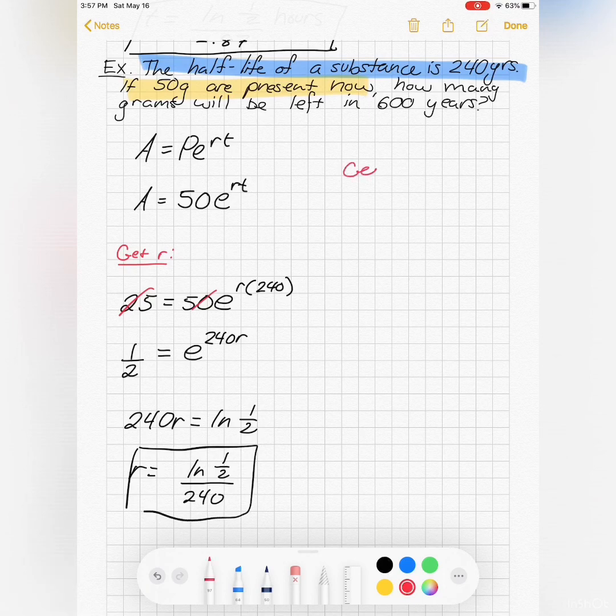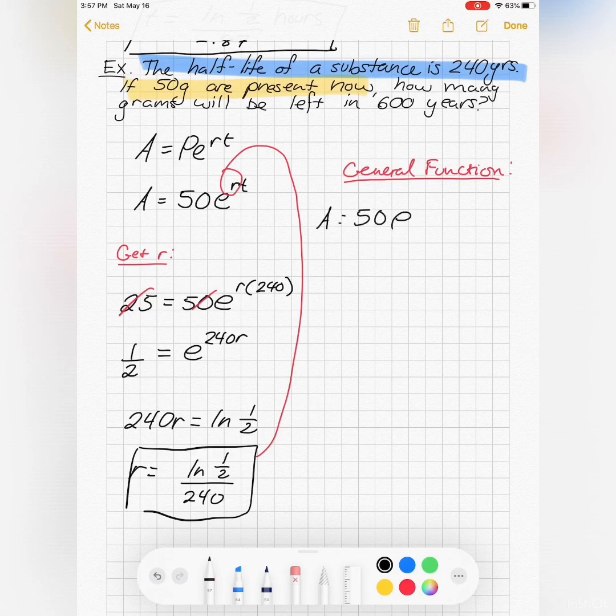So then the next step is to build the general function. So how I would do that is I would take the rate and plug that in here. So I'd have 50 e to the ln half over 240 t.